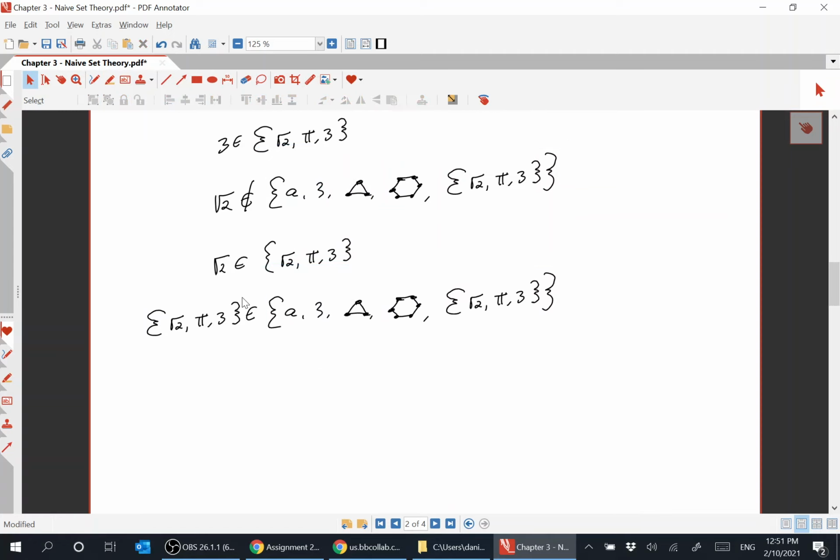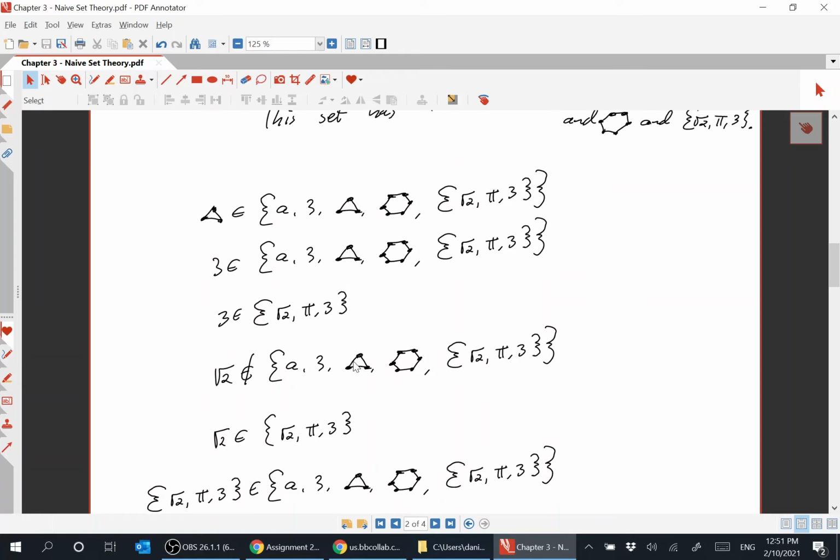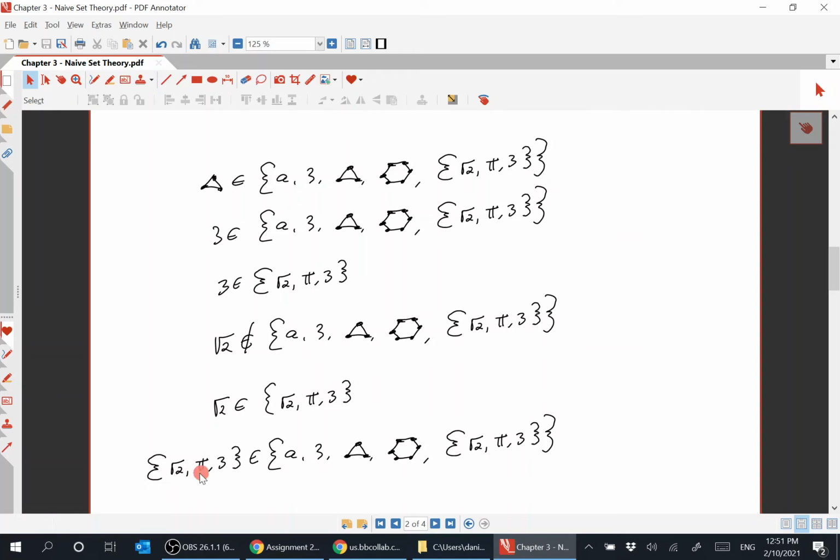Not that you really have to worry about it too often, because normally we don't deal with these kinds of sticky, paradoxical situations. But having sets being elements of other sets can sometimes get you into trouble with Russell's paradox. But before that, again, this 3-element set is an element of this big 5-element set. It's right there.